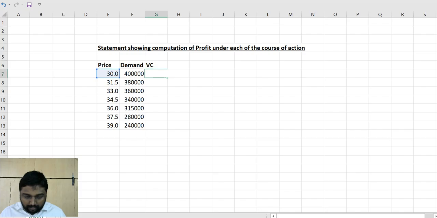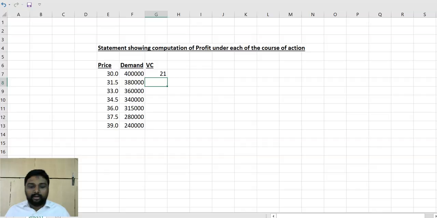So 18 plus 10 percentage, 0.1 into price, plus 18 rupees. We will get 21.